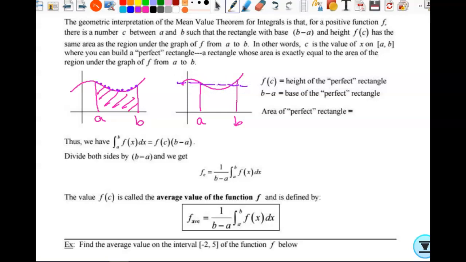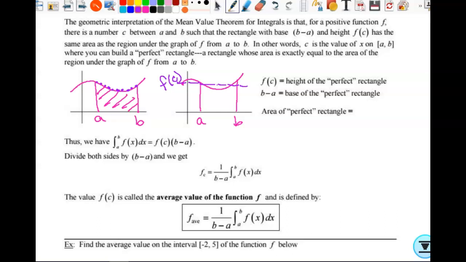Something like that, but probably a whole lot better. So there's this value, f of c, that would be my average value. And you can see area-wise, if this was better, that there's some area underneath it and some area above it. The idea is that those areas would kind of even out, if that's the average. Does that make sense to you?